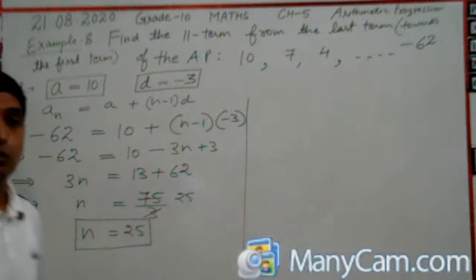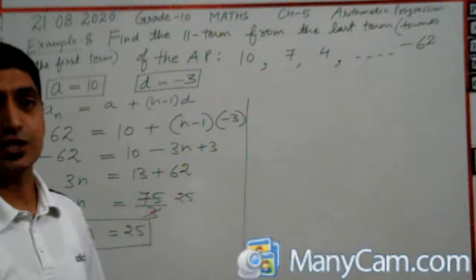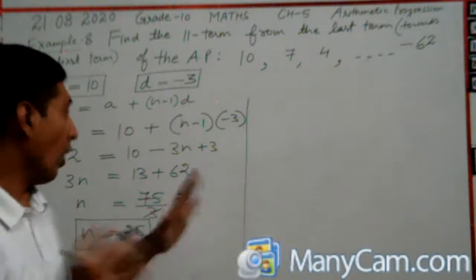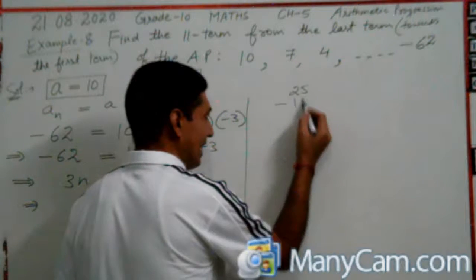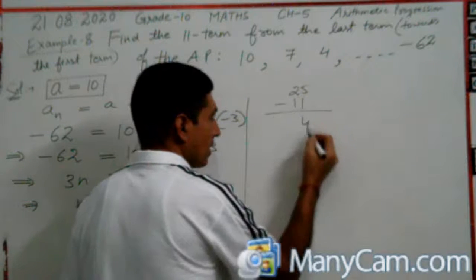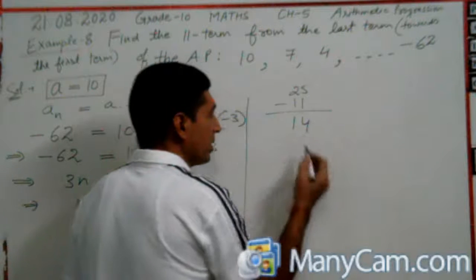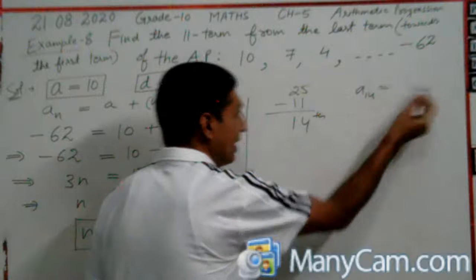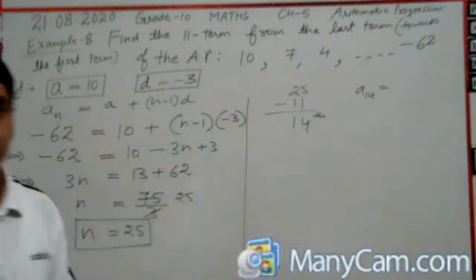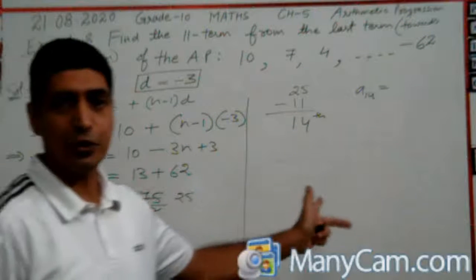So what do you all think? We will subtract 25 minus 11. Yes or no? Yes, and here it is 14. So you will feel that okay, a14 is the answer, but that is wrong. I will let you know how it is wrong.